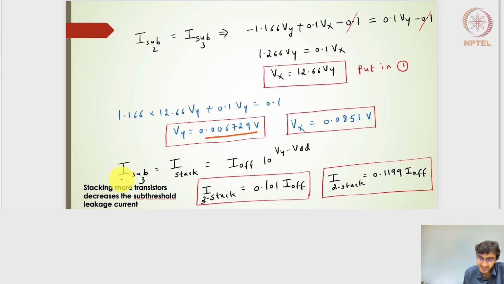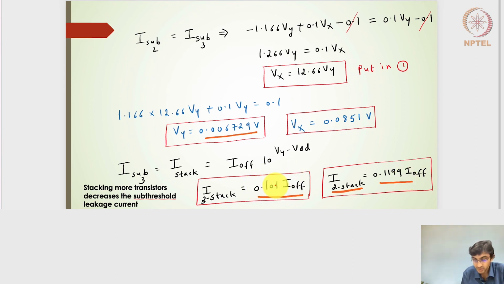Right. So if I know the node voltages, I can put them back into the subthreshold leakage current expressions and find out the overall subthreshold current, which turns out to be 0.101. Right. It is even lesser than when we had the two stacked transistors, which was 0.1199. So it is coming very, very close to 10%.